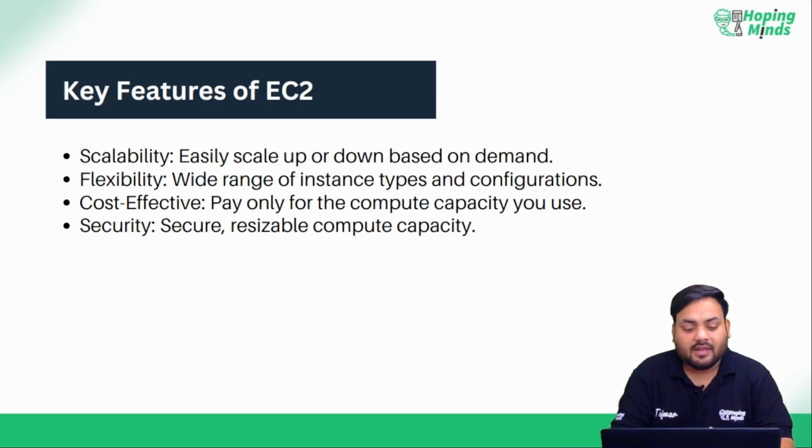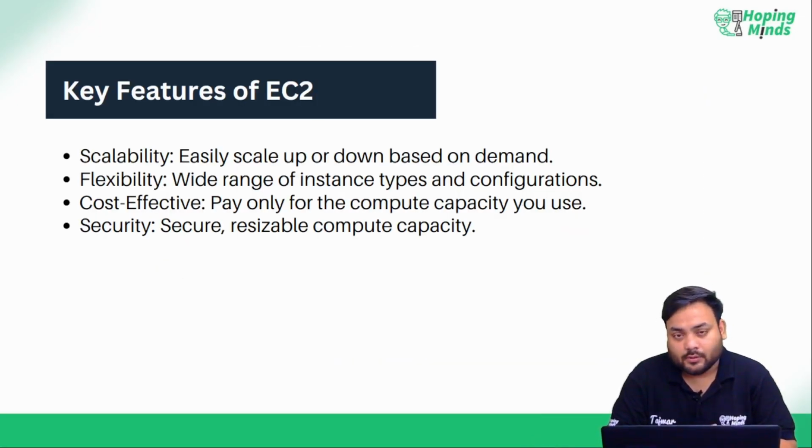Now we have some key features of EC2. As I told you, EC2 is a centralized service and one of the most important services, so whatever features of the cloud we have are also part of EC2.